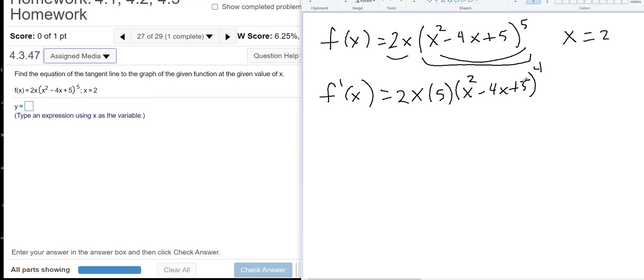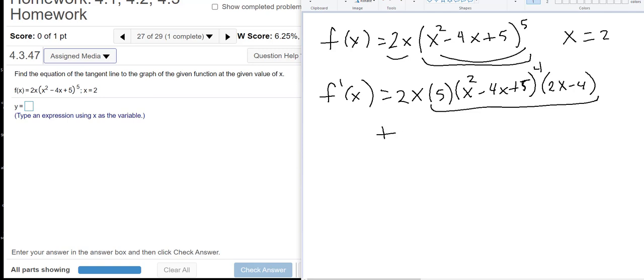And here's the chain rule part. Since the base has a derivative, 2x minus 4 is the derivative of the base. So it's the first function times the derivative of the second function, and all of this is the derivative of that second function. Power, base, power minus 1, derivative of the base.